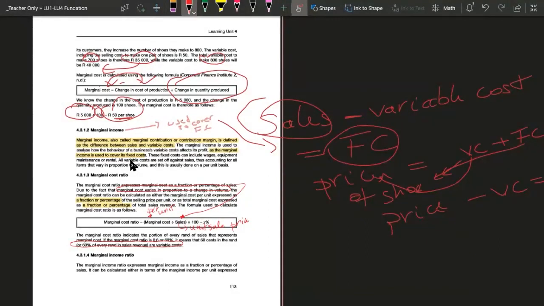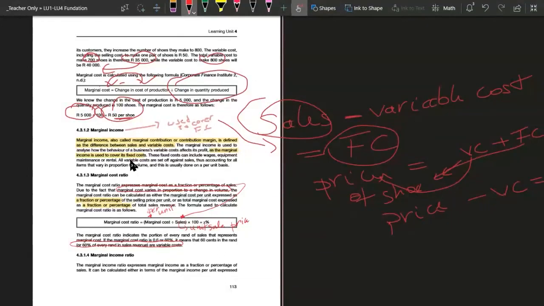Selling price 150 minus that 50 rand gives us the marginal income. So we get a profit of 100 rand per unit. That's what we call the marginal income.